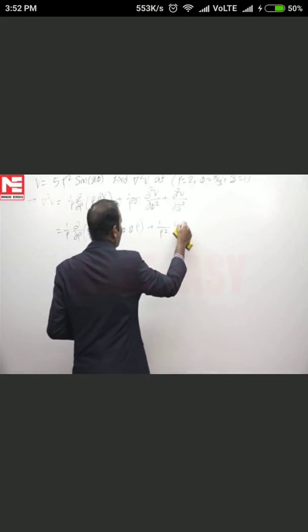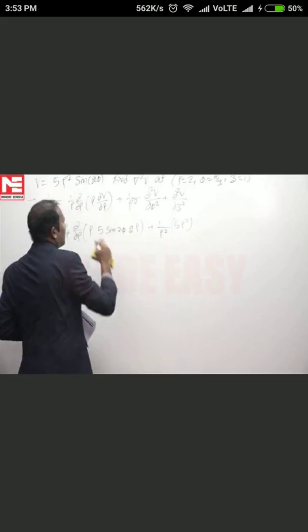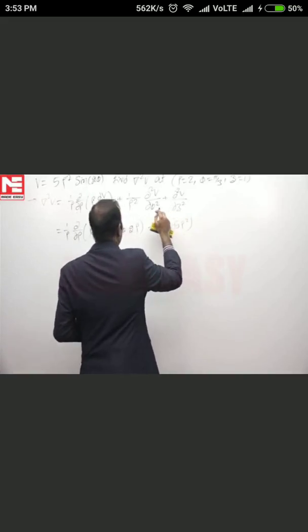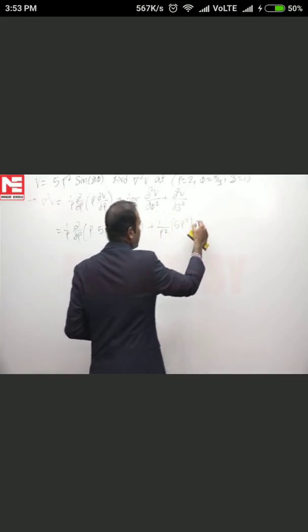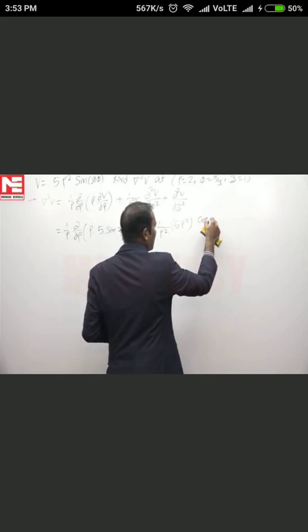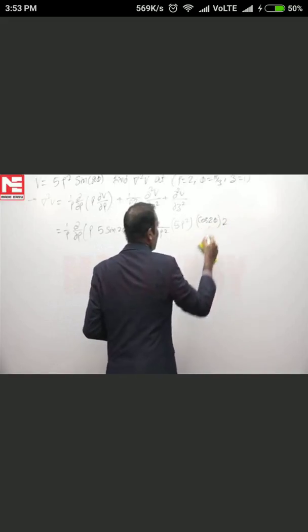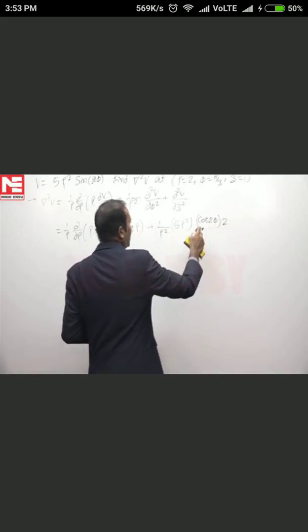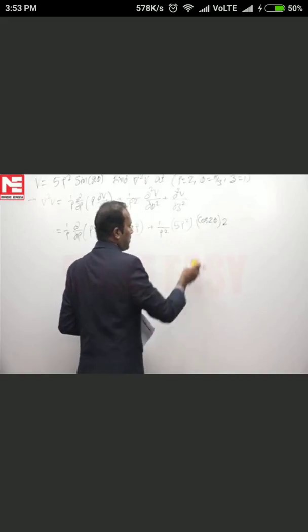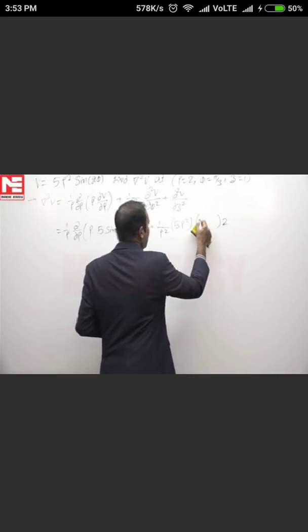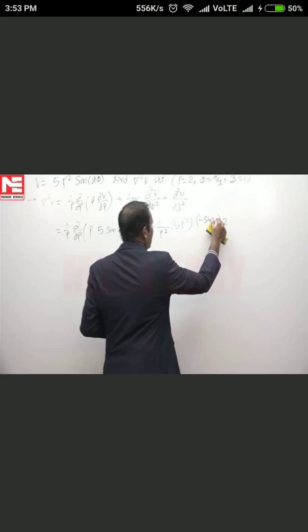partial differentiation with respect to pi. In this case 5 rho square is constant, and one time you differentiate, then d by d pi of sin 2 pi is cos 2 pi into 2, so you get 2. Once again if you differentiate this, then you get minus sin 2 pi into 2, so you get 2 square.